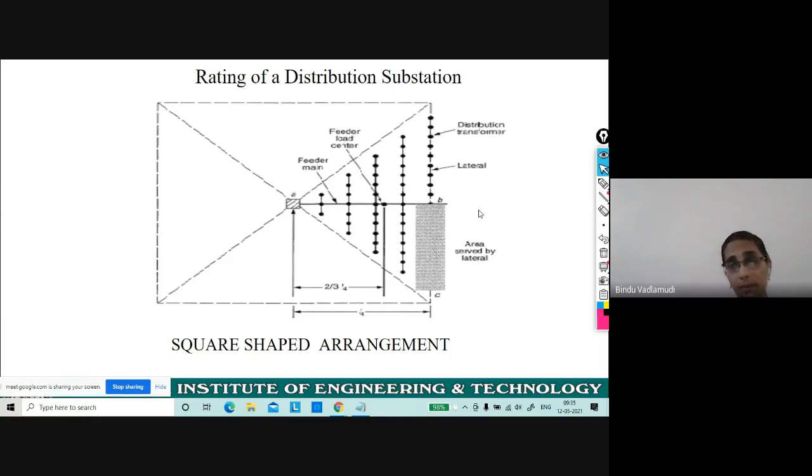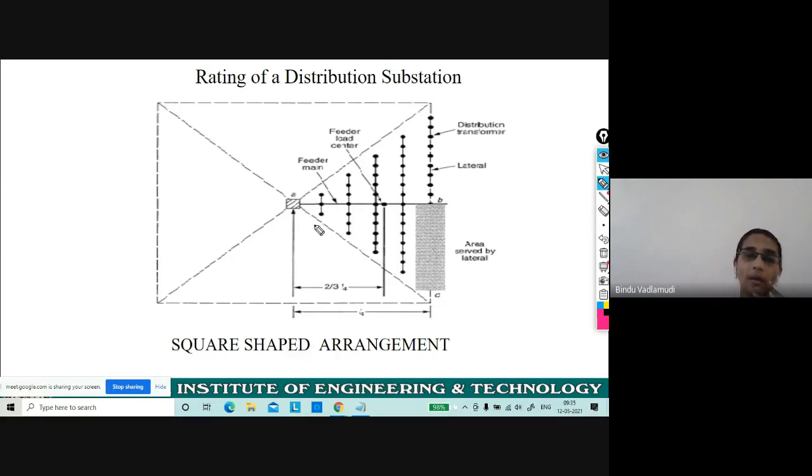Substations are connected in a circular fashion of feeders, but in all cases that is not possible. Here, if you observe this arrangement, the center one represents the substation, which is divided into four feeder lines connected in a square fashion.